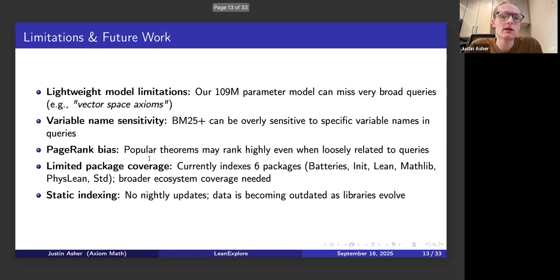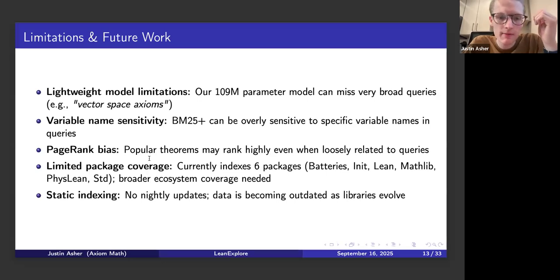Okay. So the problems with the algorithm were that it could miss very broad queries, and it could be very oversensitive to variable names. This is a really big problem with these Lean search algorithms, or in general anything related to math search: if you search for something like the sum over X, and then you look at that same thing as the sum over Y, it's not going to show up as well.